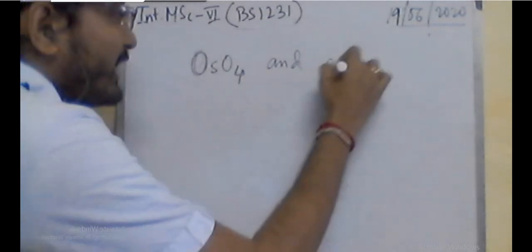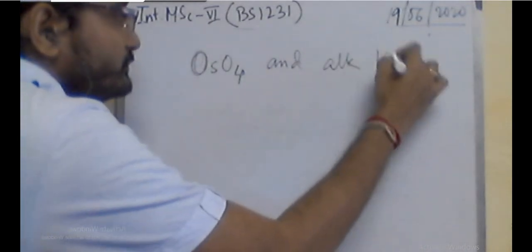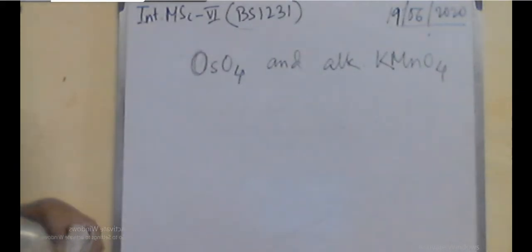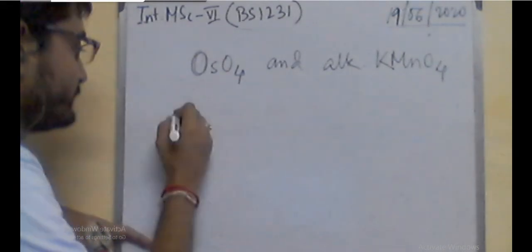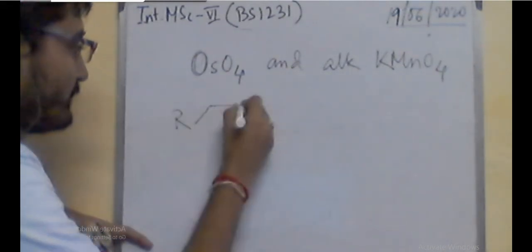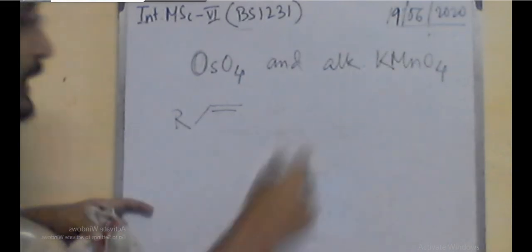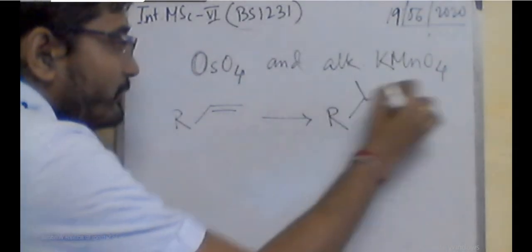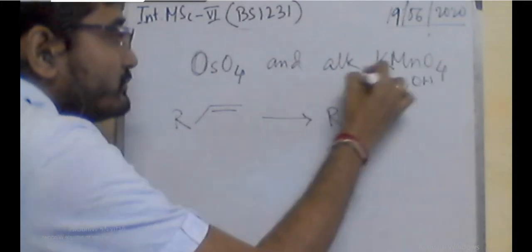That means the diol product. And another important scenario of these two oxidizing agents is that when you use them to oxidize the carbon-carbon double bond to the diol, both the OH groups will be in the syn position, that means they both will be on the same side.